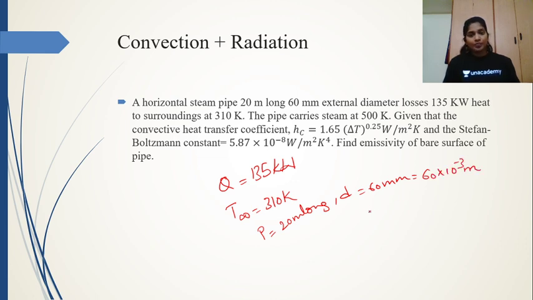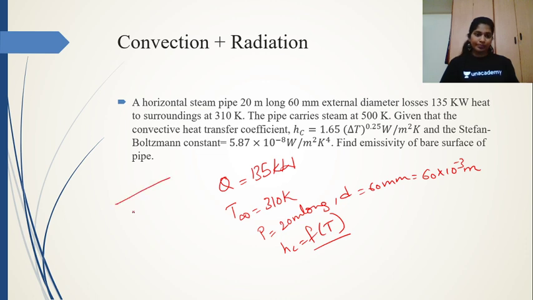Okay, and then we are having the heat transfer coefficient as a function of temperature, right? And the Stefan-Boltzmann constant is also there. Now we have to find the emissivity of the bare surface of the pipe, right?